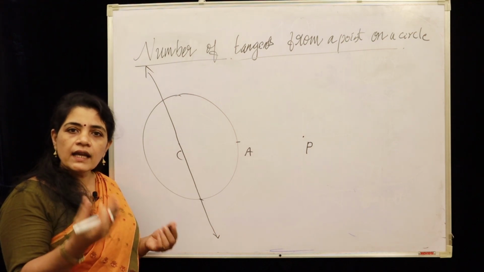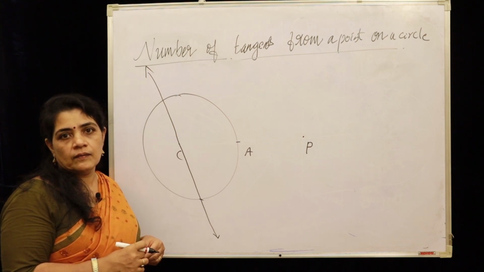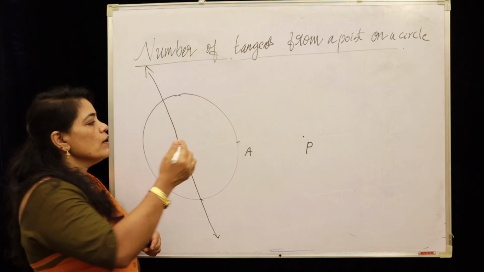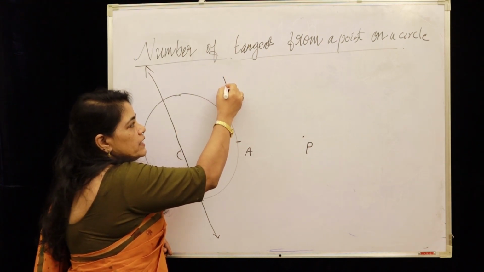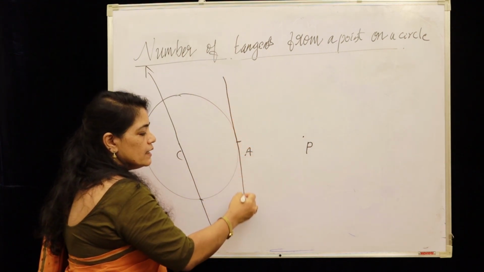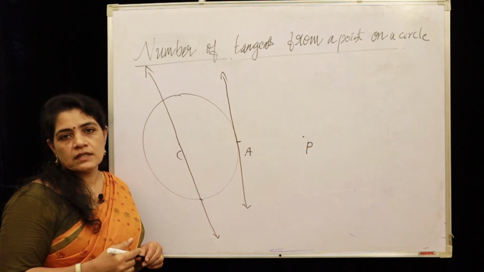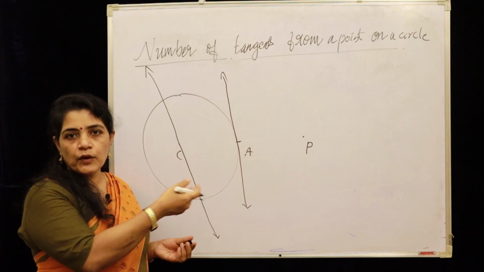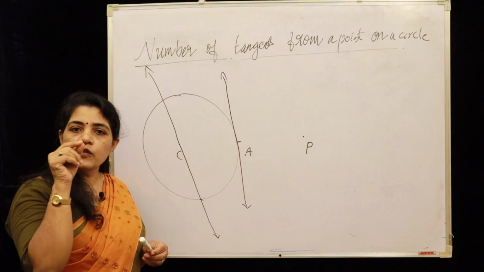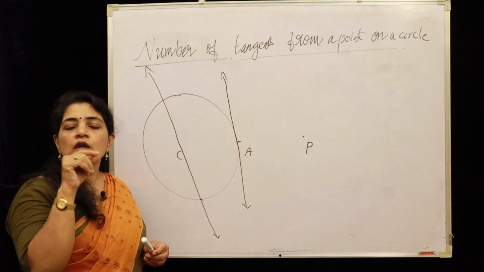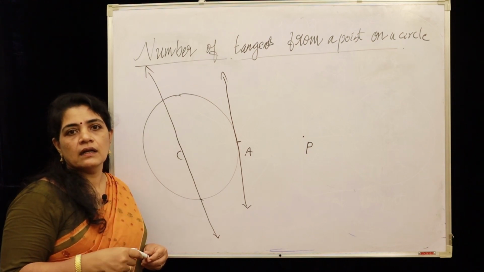Clear? In the second case, you can mark a point on the circle, and we have seen that when we have a point on the circle, you can draw a line passing through the point on the circle, and that point is what we call the point of contact. So this is the second case. If we mark a point on the circle, you can draw exactly one tangent to that circle.